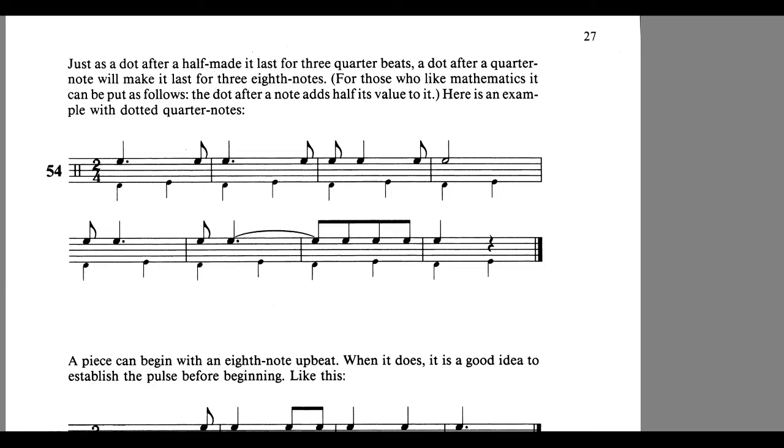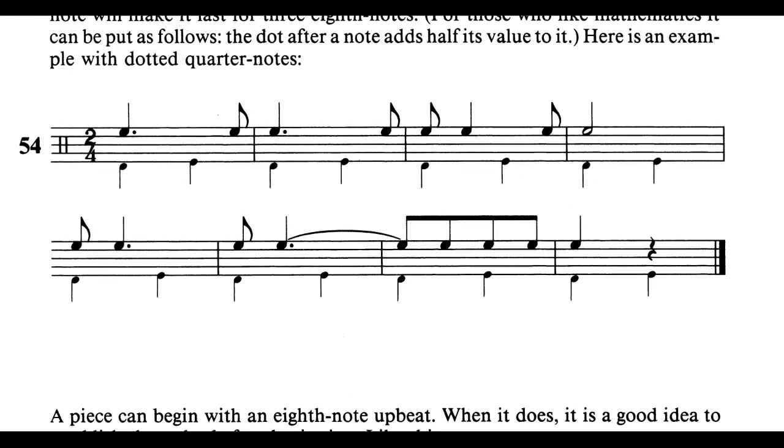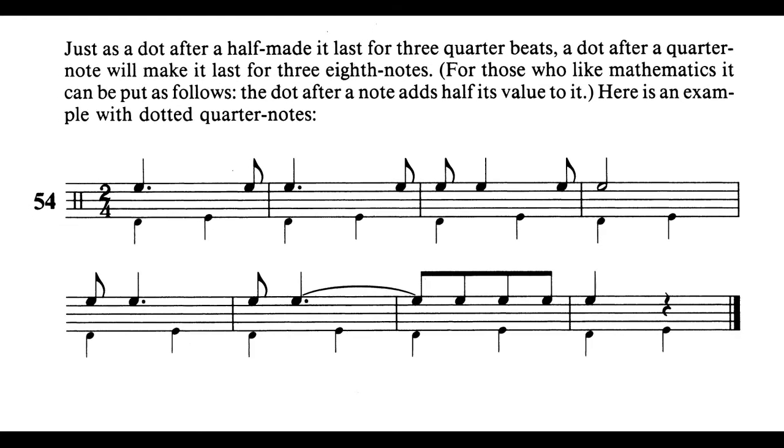So let's take a look at number 54, which is the first example that we have that has a dotted quarter note in it. Okay, so we're in 2/4 time. So we're going to start out with our dotted quarter. Our dotted quarter is going to be 1 and 2. Then we have an eighth note, which is going to happen on the and of the beat.